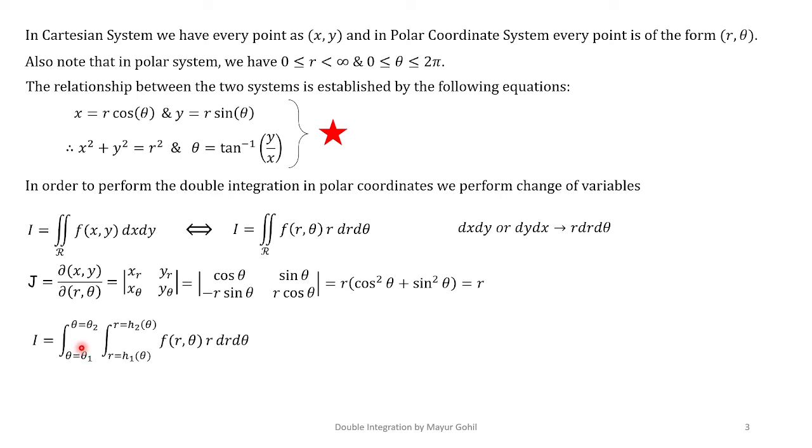In most cases the value of theta comes in the outermost integral, and in the innermost integral we always write the limits for the radius. And we always keep the order as r dr d theta in polar coordinates. Okay, let us go further. How do we find the limits for radius and theta?